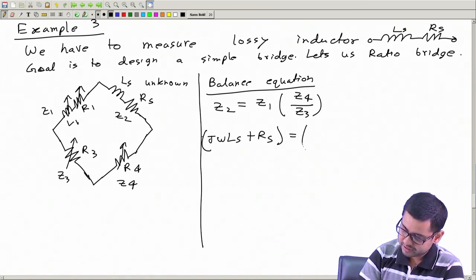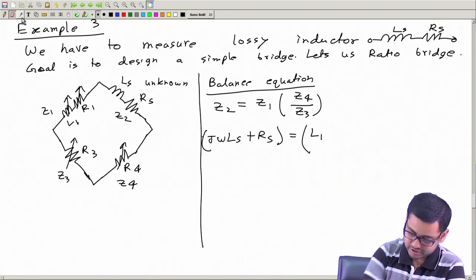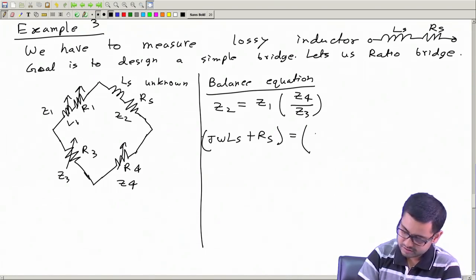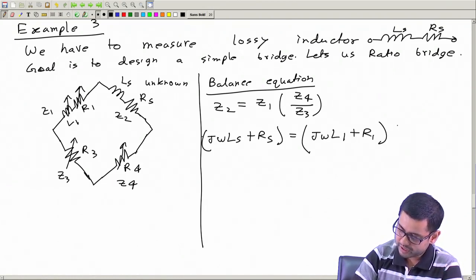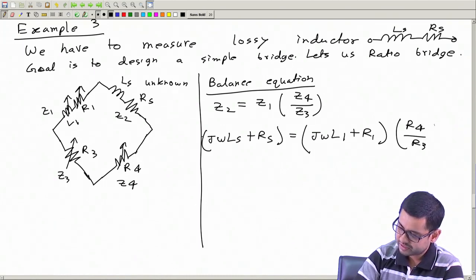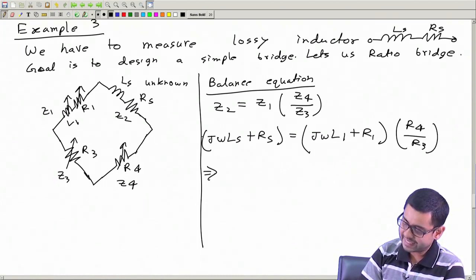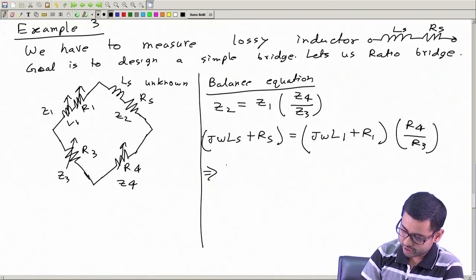Here we write Z1 as j omega L1 plus R1 multiplied by R4 by R3, and from this we can directly write Rs, this unknown.